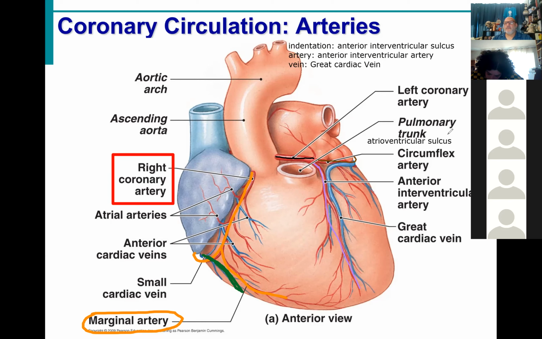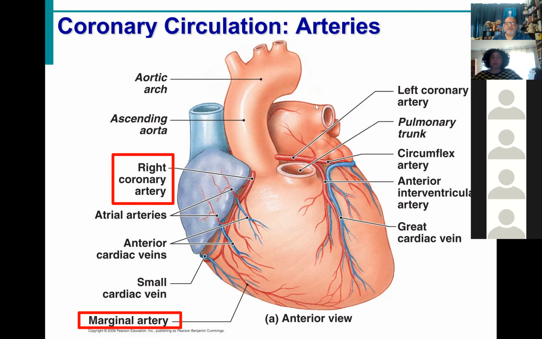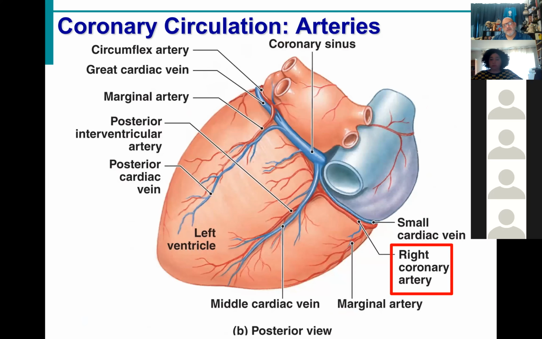All right. Let's flip this over and see what's happening on the backside. Notice as we follow that on the backside, that right coronary artery that we left off on doesn't just come all the way around to the back, but notice it goes all the way to that indentation on the backside of the heart.